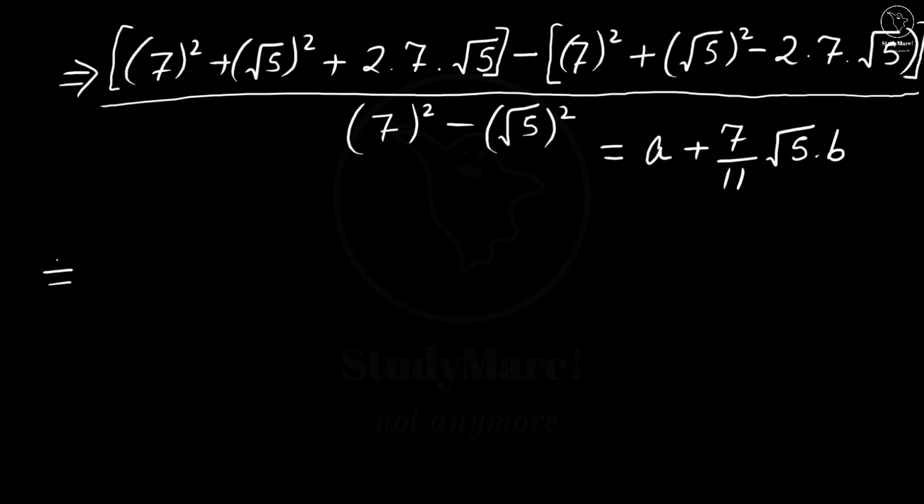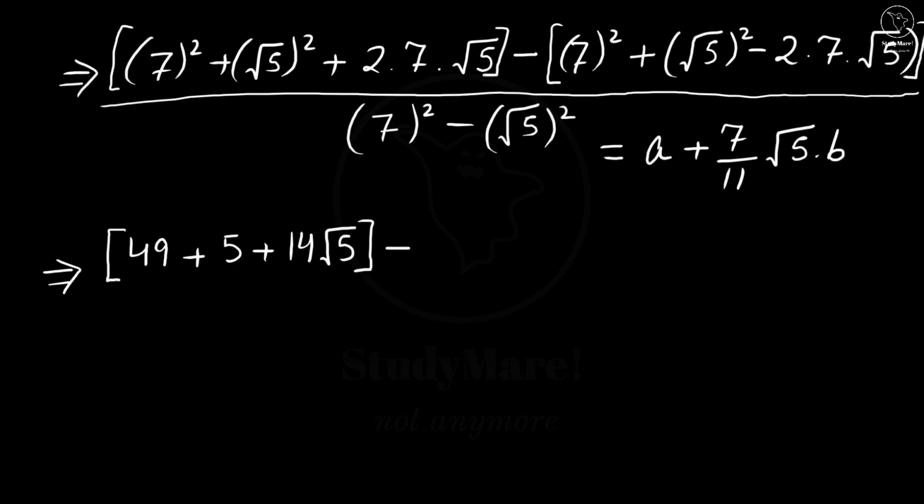Now expanding it further, we get 7 square is 49 plus root 5 square is 5 plus 2 into 7 is 14 root 5. This is the first one.